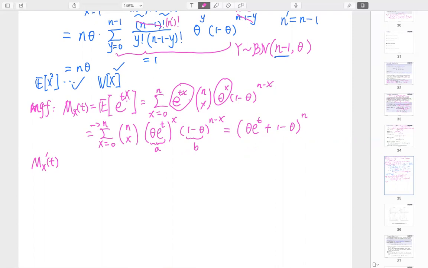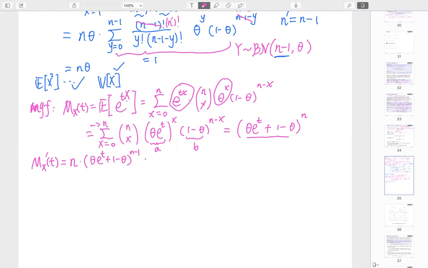You do not plug in 0 earlier on in the function. So now what do we have? First of all, you need to apply the chain rule, right? You have a power function on the outside, so the power term goes down and the original power is reduced by 1. That's the derivative of the outside function.